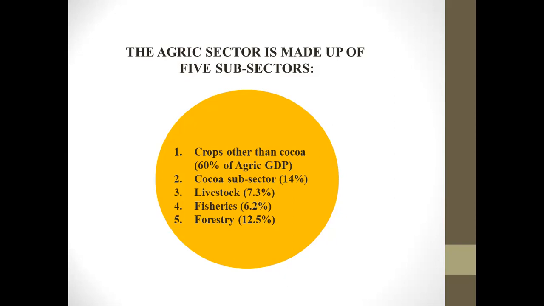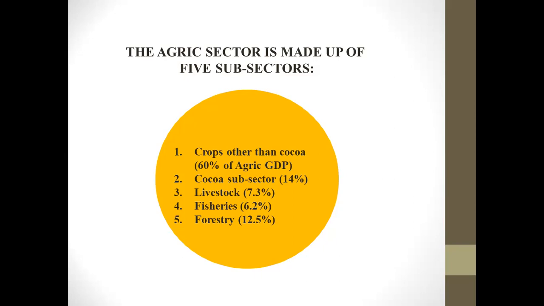Other things apart from cocoa, like cereal, maize, and all those ones, can be found under the first one, the crops subsector, which is 60% of Ghana's agric GDP contribution. Then the cocoa subsector contributes 14%.